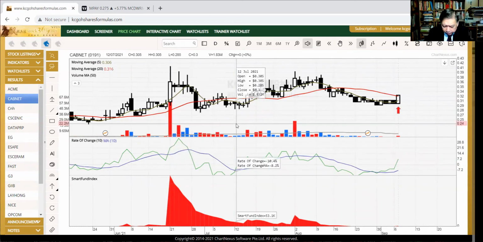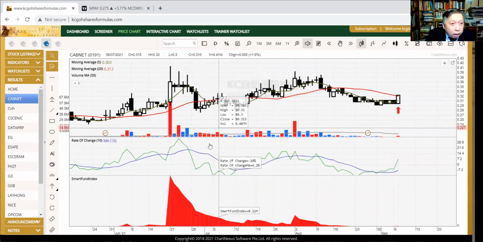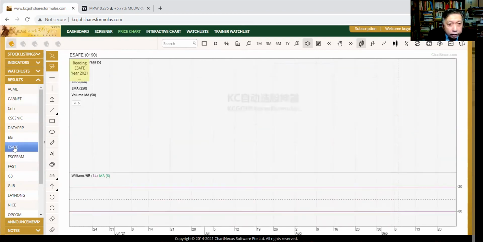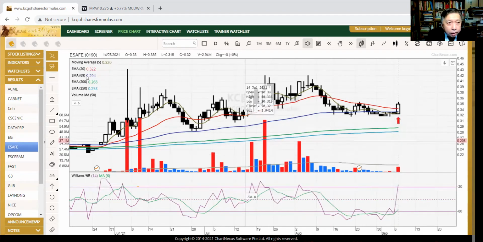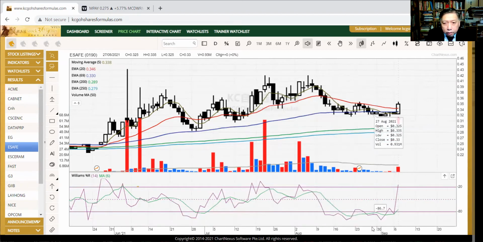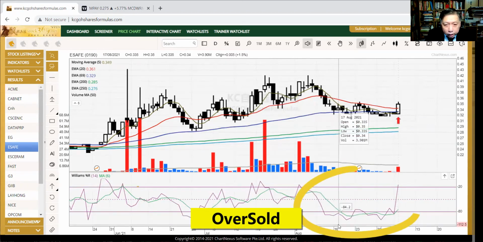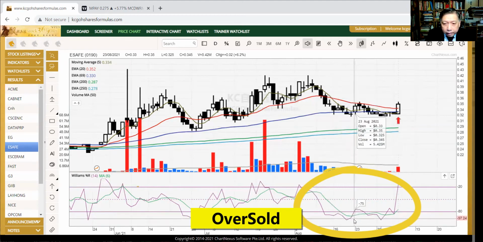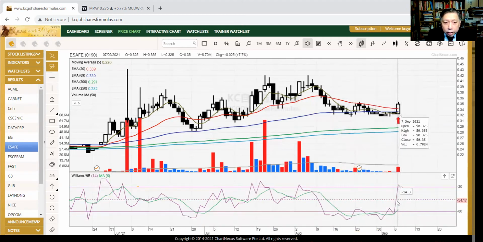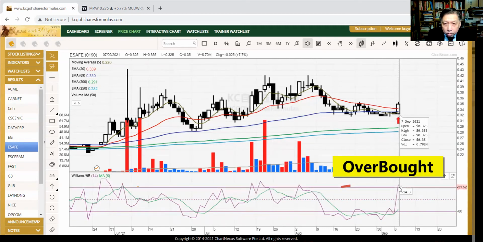Let's look at the other stock. The other one will be eSafe. eSafe is the same thing. Williams Percentage R shows that it was at the oversold level for quite a number of days, and suddenly today it shot up and reached the overbought level.